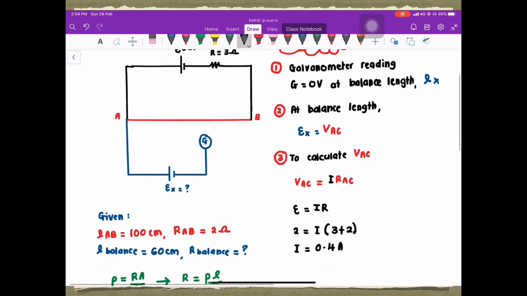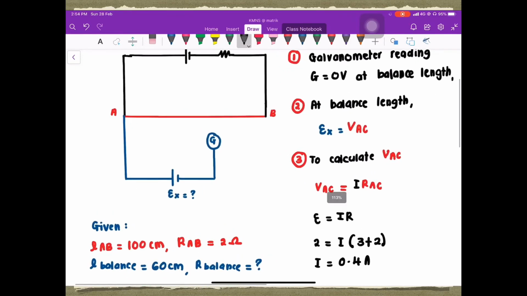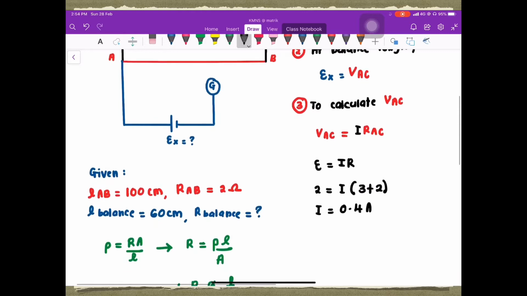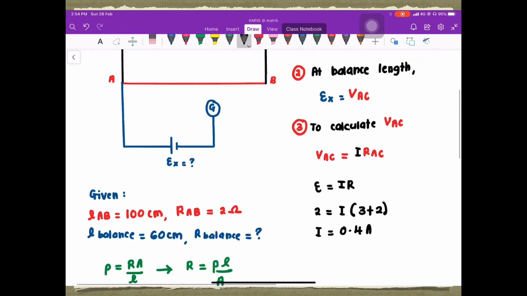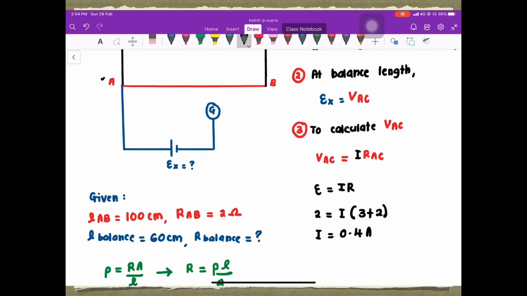The question gives a few values for the length AB. This is A and B. The length is 100 centimeter. Be careful here: the wire has a resistance of 2 ohm.